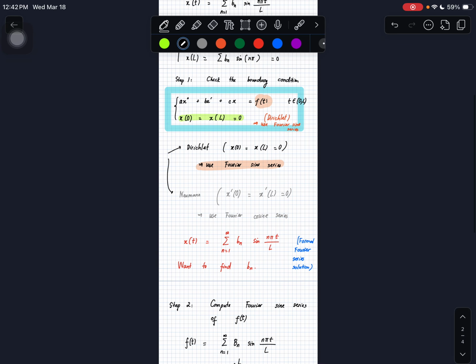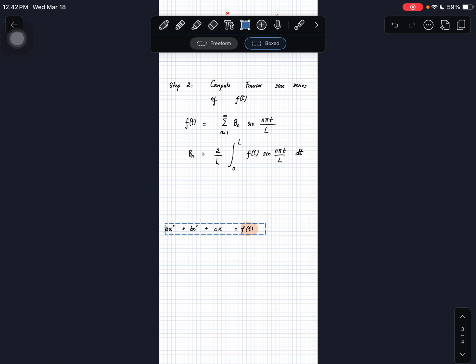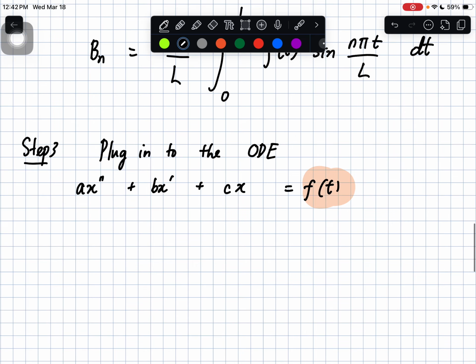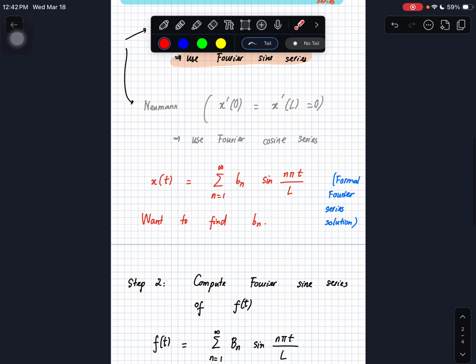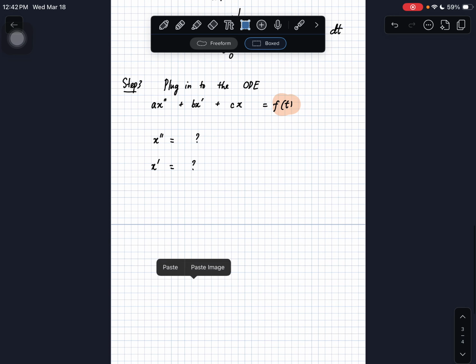Step 3. Plug in all what we computed into this ODE. In this case, you need to have x double prime and x prime. Compute those, and compute f(t). For example, x(t) is this Fourier sine series.